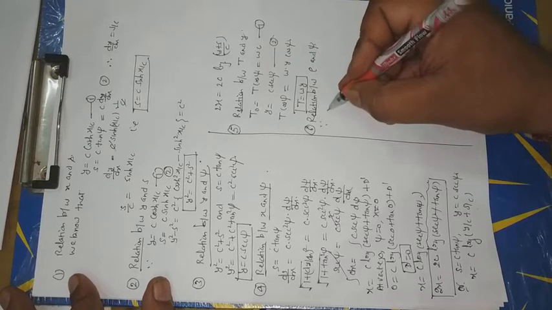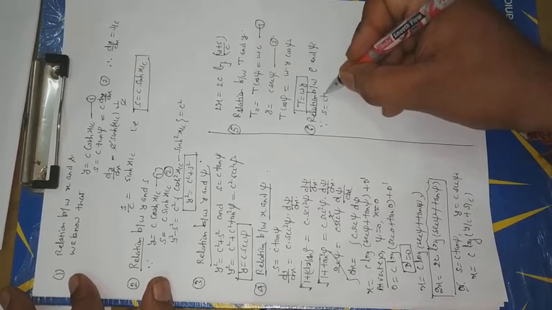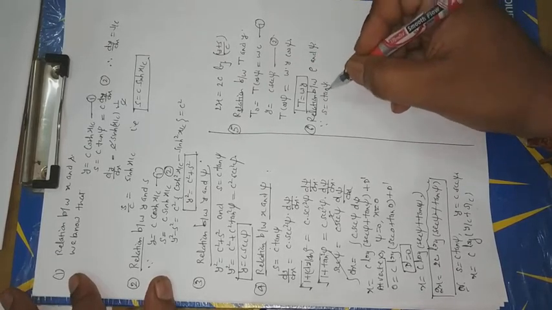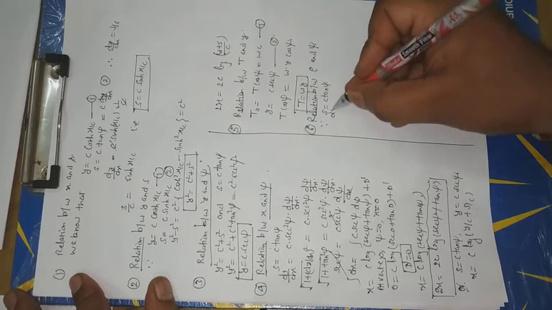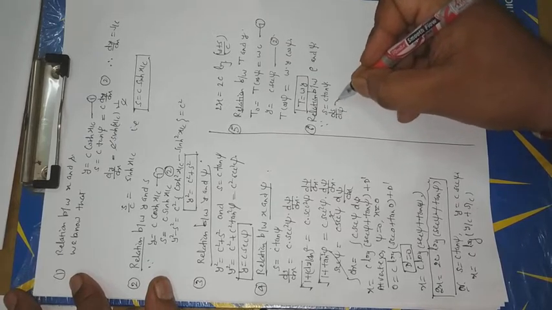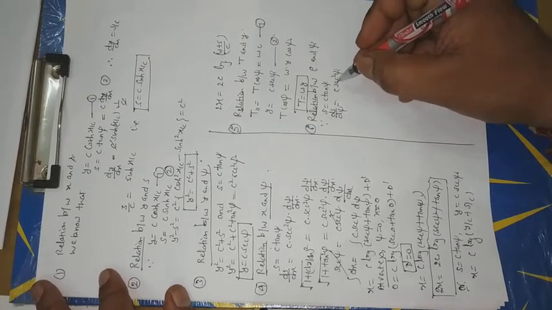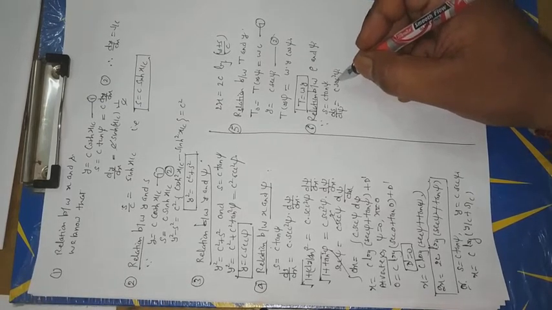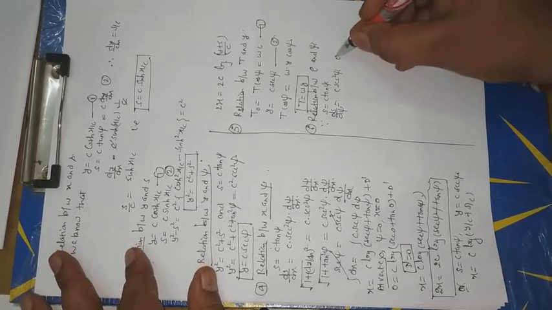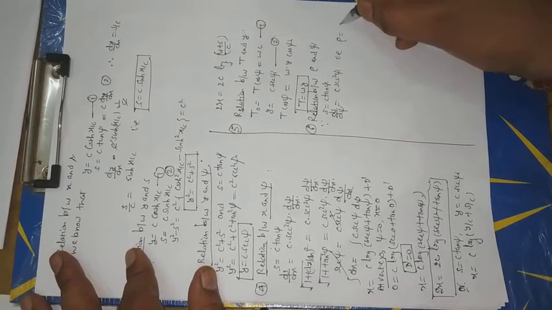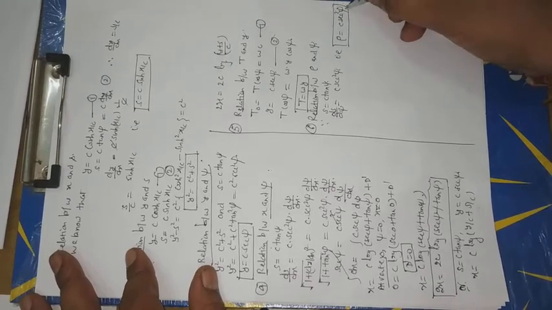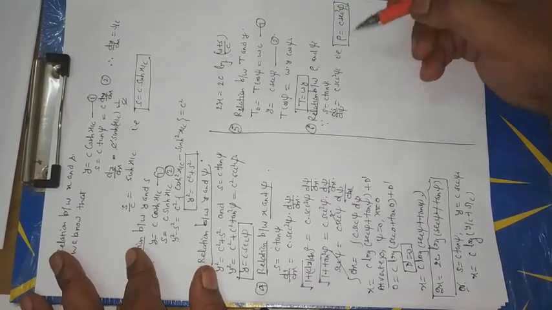Since s is equal to c tan psi, now ds upon d psi is equal to c sec square psi. Now ds upon d psi is equal to rho, that is rho is equal to c sec square psi. This is the relation between rho and psi.